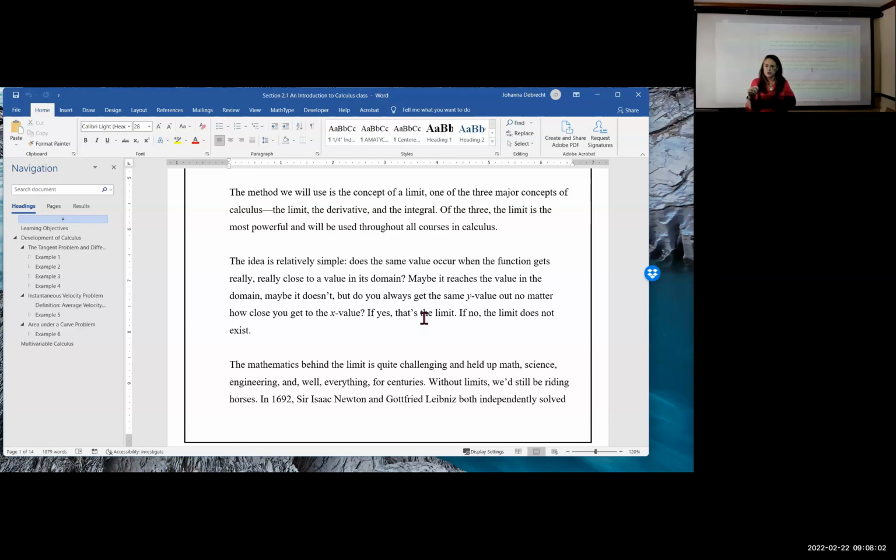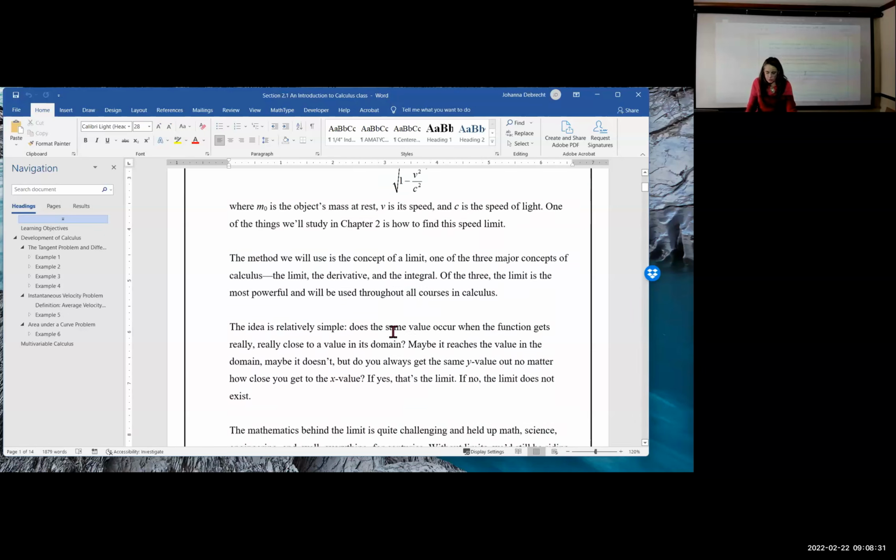They knew it had to be true, but it took until the 1920s to get a formal proof of why a limit is what it is, which should give you an idea of how difficult it must be. So it is probably the most difficult section in all of Calculus 1. And I've got some templates and some other things to help guide you through it. But the idea of the limit is simply this.